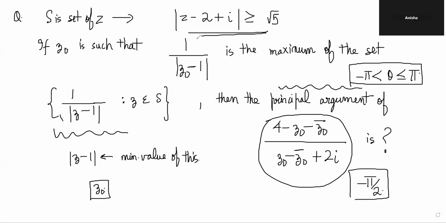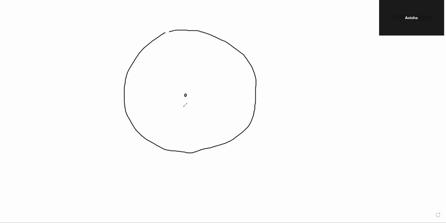Also, if you think this is the exterior of a circle, and you're seeing these points on the exterior of the circle, after that you have to think of this as the distance of a point z from the point 1 comma 0. Then you have to think of the common region where this can happen. It will come by doing a perpendicular from the center to the line through 1 comma 0, right? The circle center is at 2 comma minus 1, and the circle's radius is root 5.